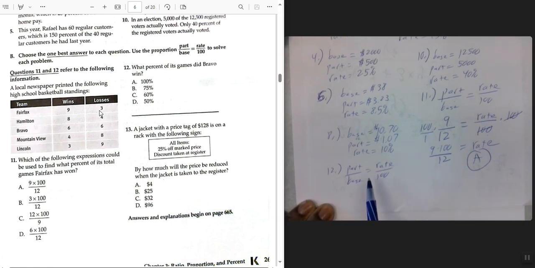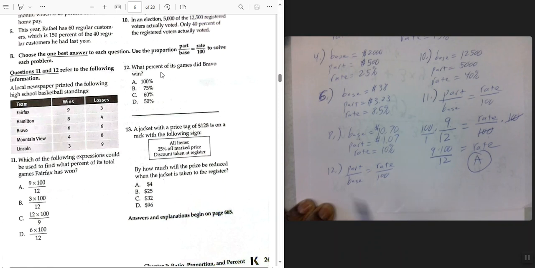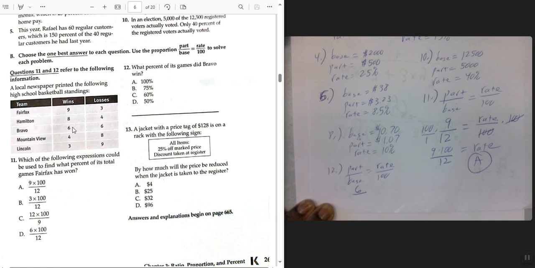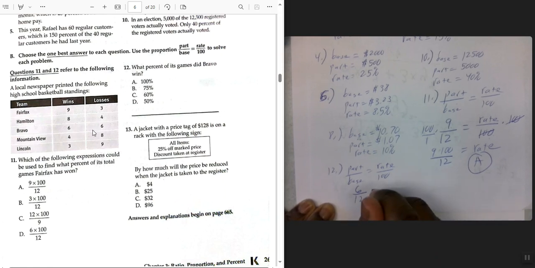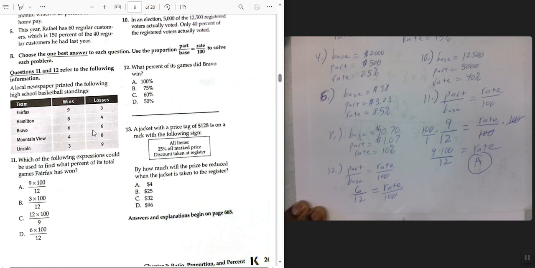So it says, what percentage of its games did Bravo win? So we look at Bravo. Bravo won 6. So that's the part. And then the base, we notice here we have 6 wins, 6 losses. We add them together. That gives us 12. Is equal to rate over 100. So now we're solving for the rate.